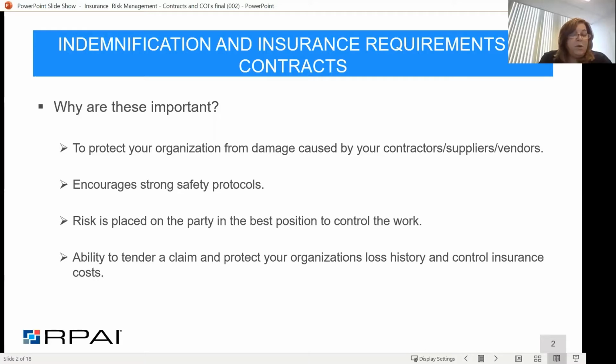So the idea is that if something should happen out of the scope of that vendor or supplier's work for you, you have the ability to tender the claim to them so that they're protecting and defending you, and thereby you're protecting your organization's loss history and controlling your insurance cost.